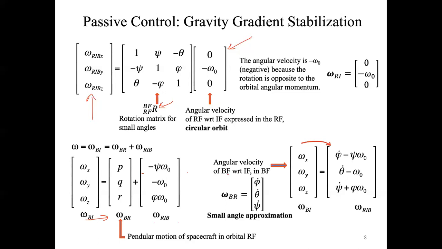So here is the first time that we are assuming small angles. So this rotation matrix can be approximated to this rotation matrix in which each element is given by the angles between the body frame and the orbital reference frame.